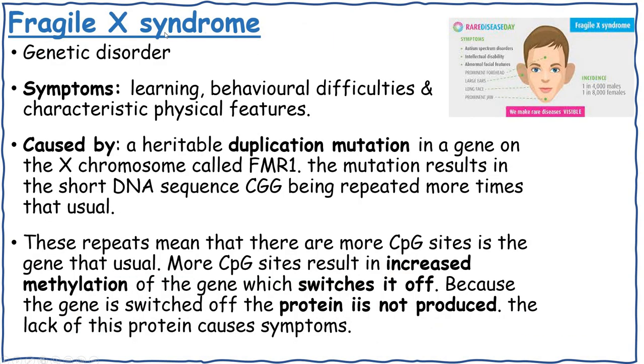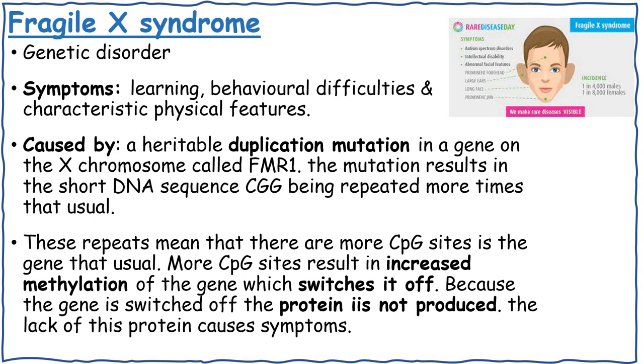So Fragile X syndrome is a genetic disorder. The symptoms are learning and behavioural difficulties and characteristic physical features, like you can see here, they've got large ears, prominent forehead, etc. And it's caused by a heritable duplication mutation in a gene on the X chromosome called FMR1, and the mutation results in the short DNA sequence CGG being repeated more times than usual.